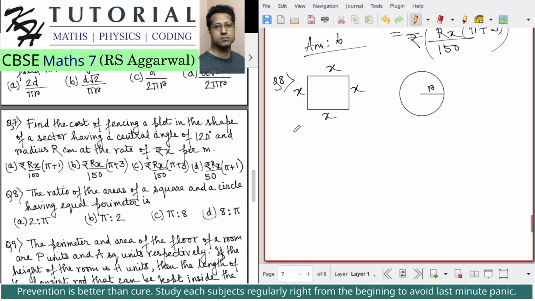If the length of each side of the square is X, the perimeter will be 4x. Also, the circumference of the circle of radius small r is 2 pi r. Now it is given that the perimeters of the circle and the square are equal. So P is equal to C, which implies 4x is equal to 2 pi r.